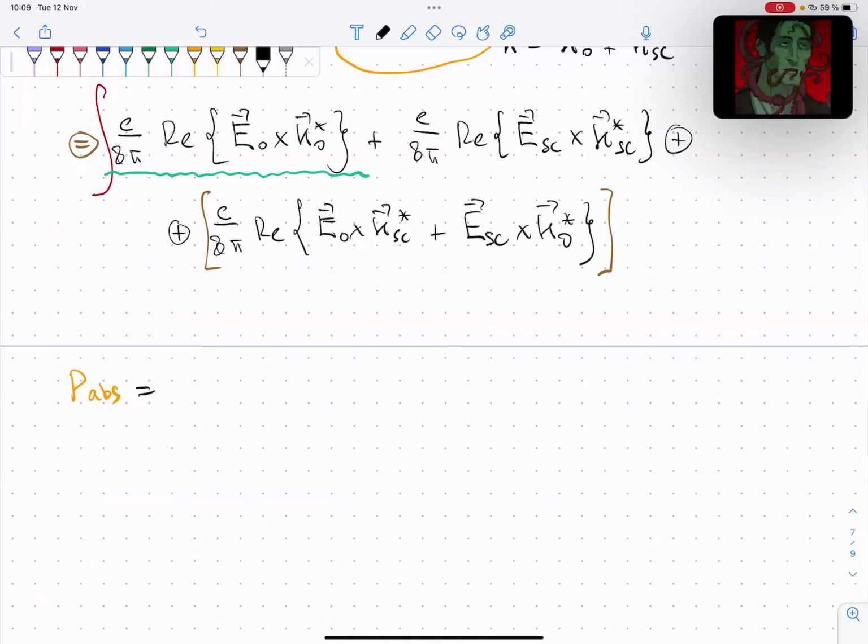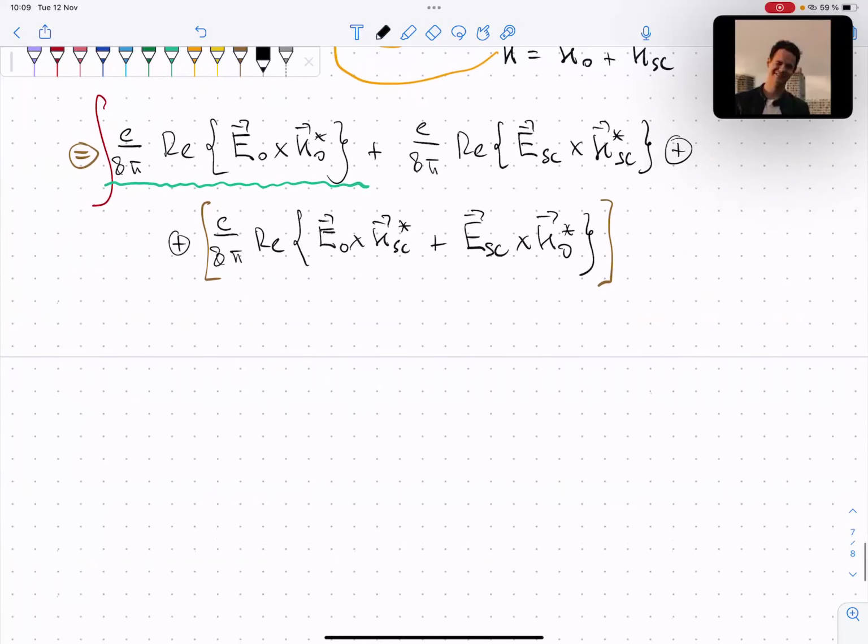Please expand. In some sense, this is because we have an integral over a closed volume.